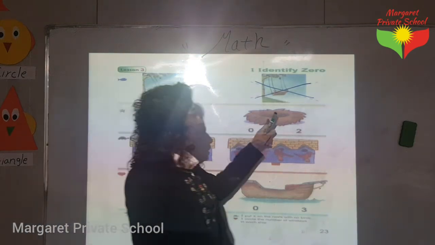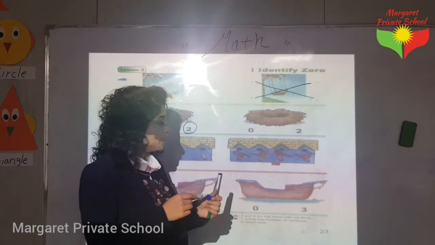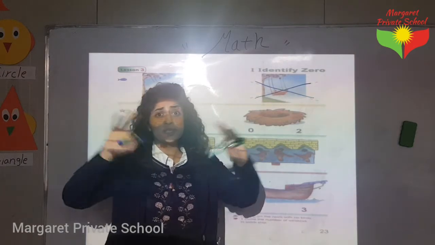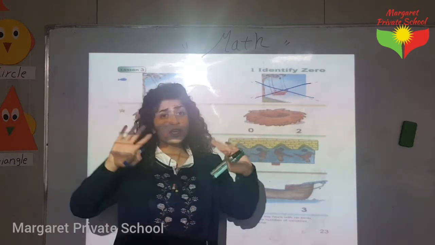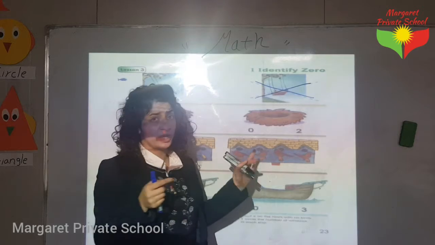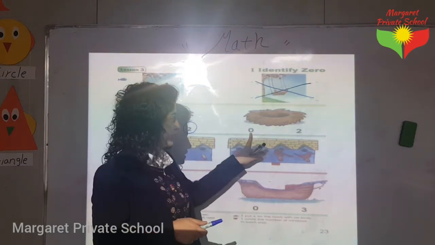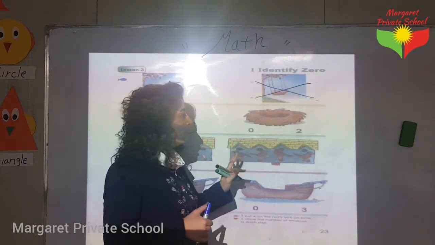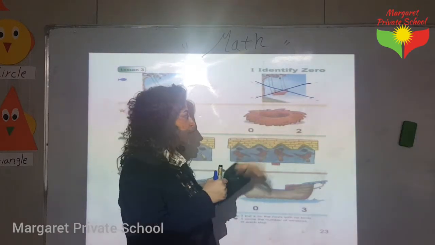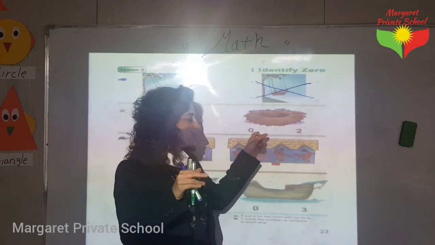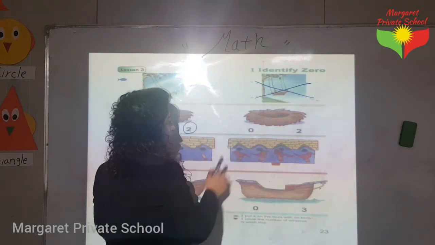Now, from here, how many birds? Nothing. We don't have any birds. Nothing means 0. So it is number 0. Which one is the answer?